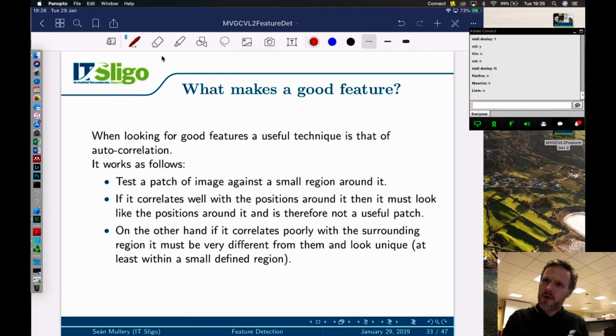And more than that, you're normally checking it against areas that are very close by. So what autocorrelation really tells you is that if you do a correlation between one patch of an image and another patch in the same image that's very close by, and it correlates well, in other words, it looks like it, then what that would tell you is that those don't look different.